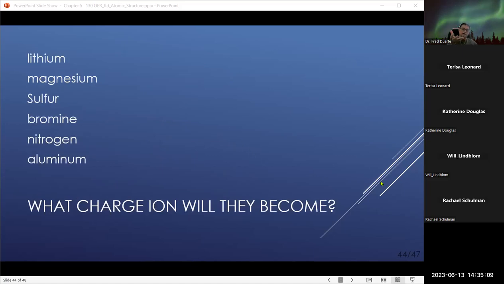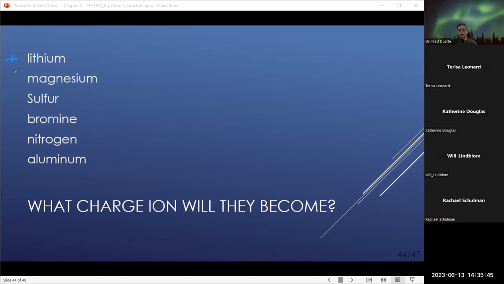Here's a list of elements, and they're asking what charge they will become. To answer this, you simply look at where they are on the periodic table, and second, verify whether they're metals or non-metals. Metals lose electrons, and non-metals gain electrons. So lithium's a metal, so it's going to lose electrons and have a positive charge.